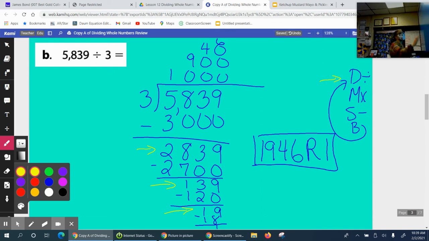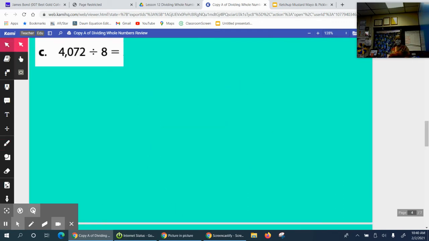And then once I get it, I multiply that number to get the number: 120 and 18 and 2,700 and 3,000. Once I know the number I want to use, right? We're good? Okay. Here you go.